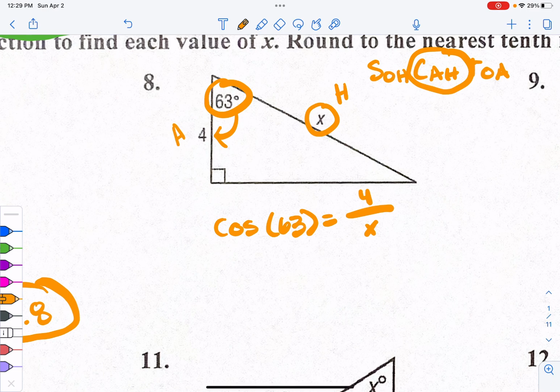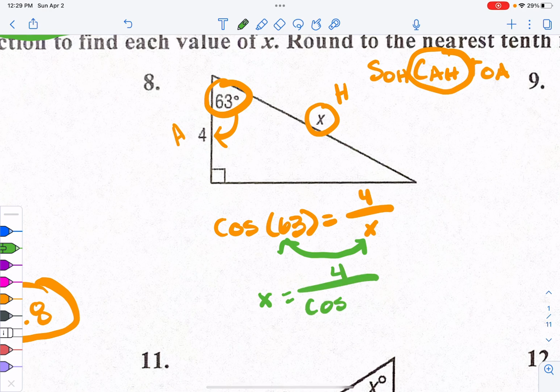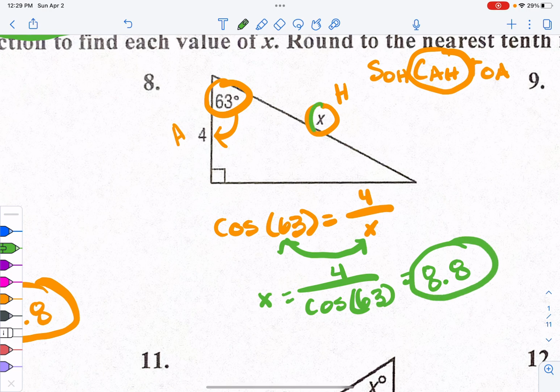And this is another one where we're just going to swap those, okay? So x equals 4 over cosine 63, and we get, as an answer, let me type it in here, 4 divided by cosine of 63, and I got 8.8.